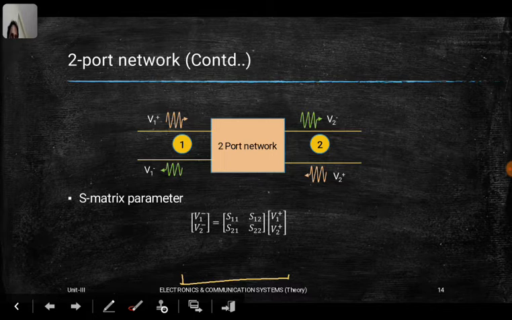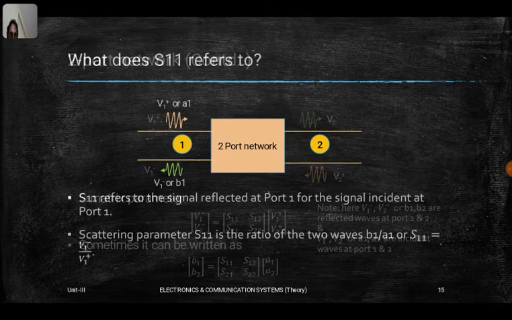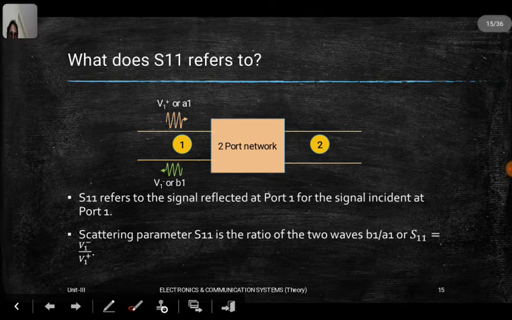What do they actually mean in a two-port device? What does S11 mean? If I send an incident voltage V1 or A1 and it is reflected at the first port, the ratio of these two becomes S11. So S11 refers to the signal reflected at port 1 for the signal incident at the same port 1.